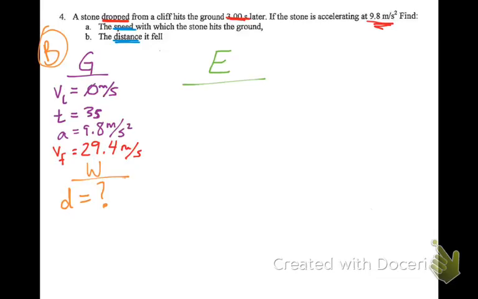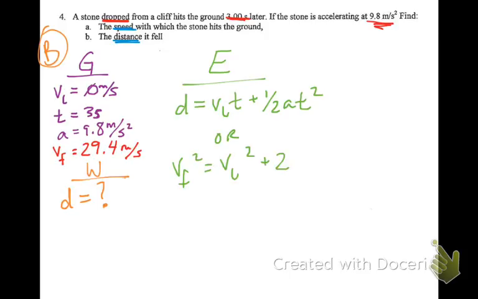You can use my favorite one, D equals VIT plus 1/2 AT squared, or you can use VF squared equals VI squared plus 2AD. Now, I want to solve for displacement or distance, so why not use the equation that's already solved for it, number one.